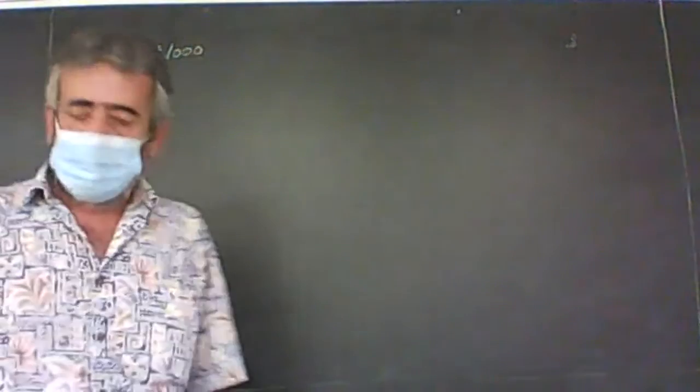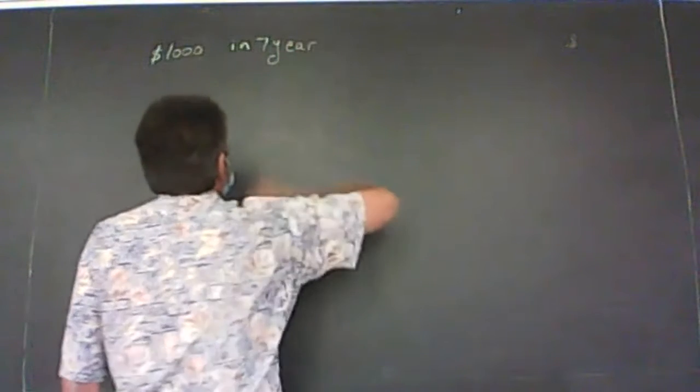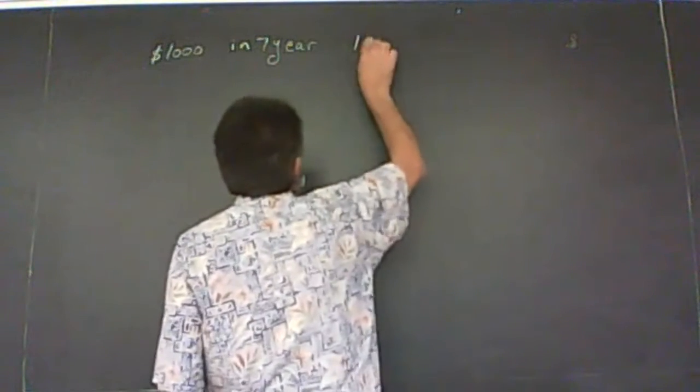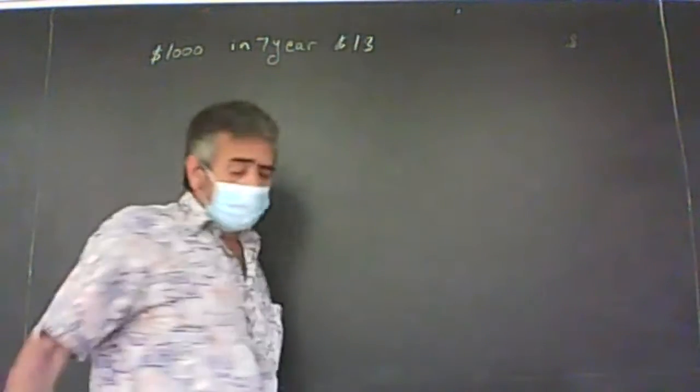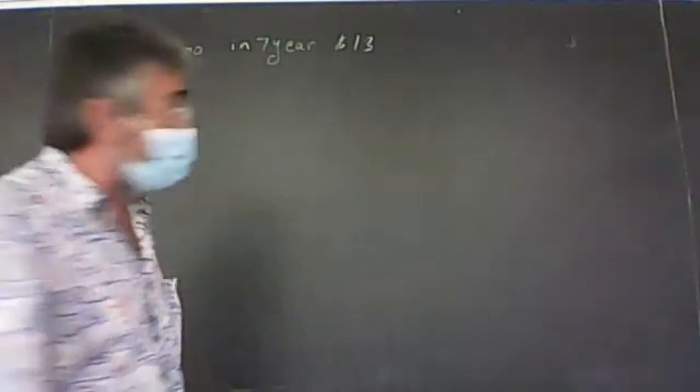So you have an account that started at some time with $1,000 in it. And in 7 years, you didn't do anything to the account. It was just simply collecting interest. And in 7 years, now the account has $1,316.